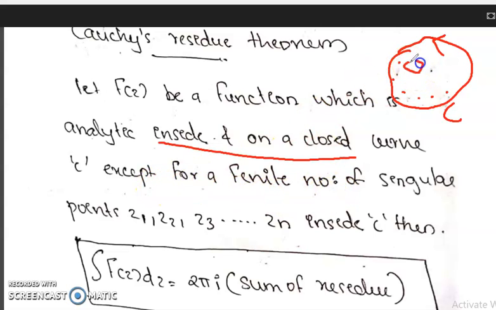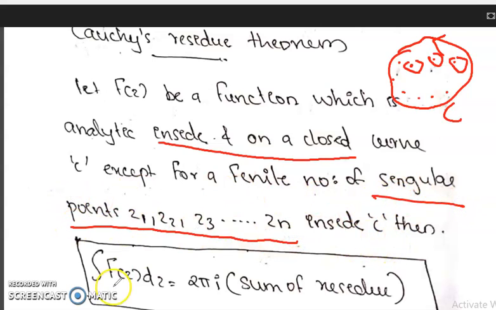So for some singular points, you may have some points here, z1, z2, z3, like that. Except for a finite number of singular points z1, z2, zn, etc. inside C, the integral over C of f(z) dz is equal to 2πi into the sum of residues.